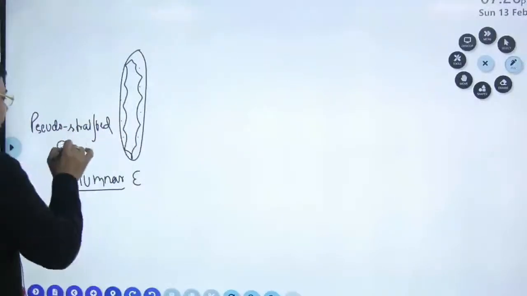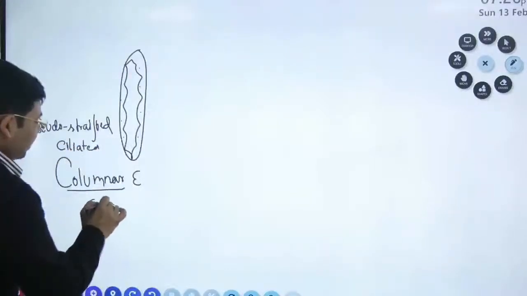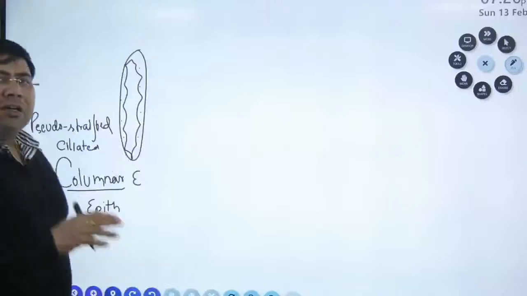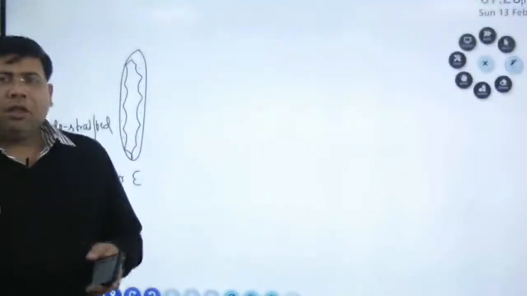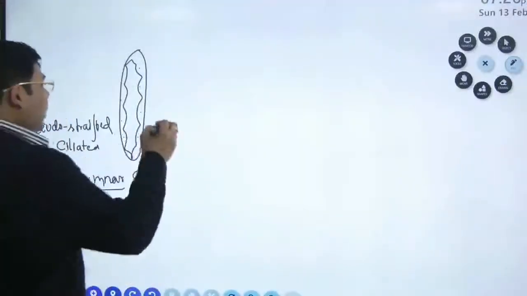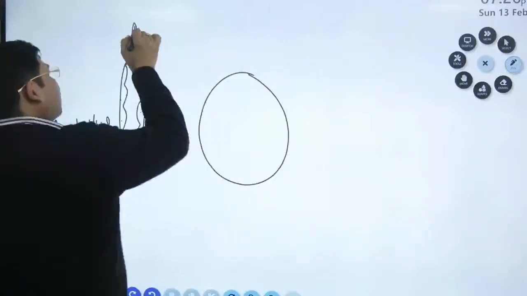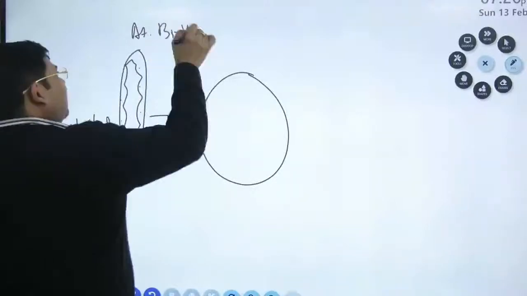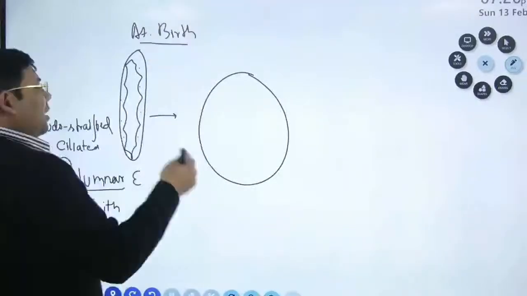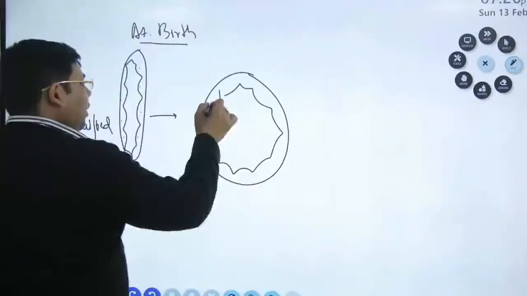Because this is a columnar epithelium, it will always have mucin secretion, and if mucin secretion is there, students, slowly this will transform itself. That is why, even though a cyst may not be present at birth, the thyroglossal duct starts its enlargement, and slowly it becomes converted into a cyst.